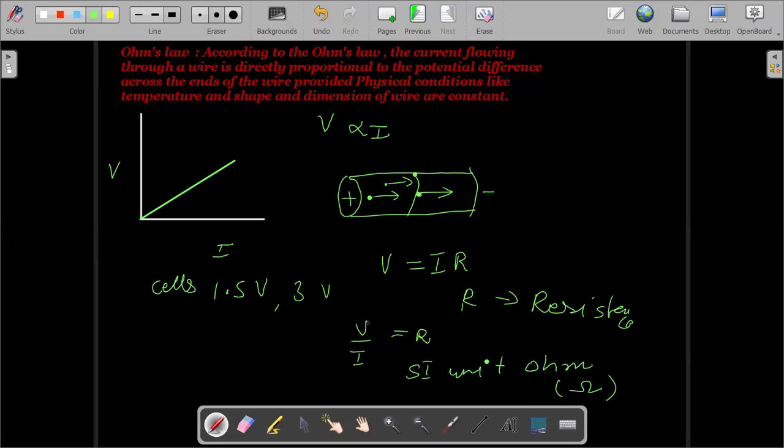So when can we say that the resistance is 1 ohm? Yes, when can we say that the resistance is 1 ohm?